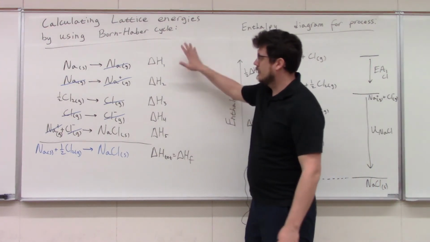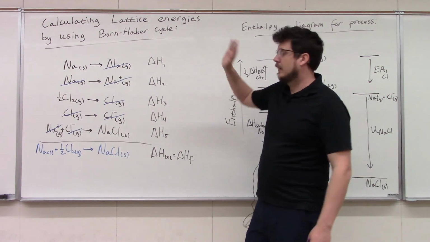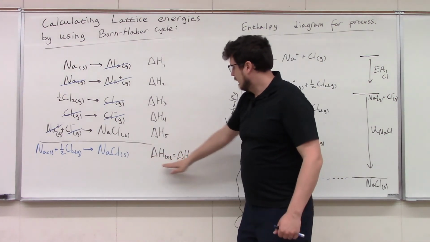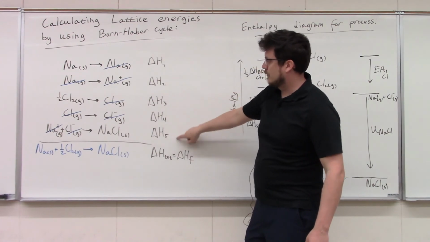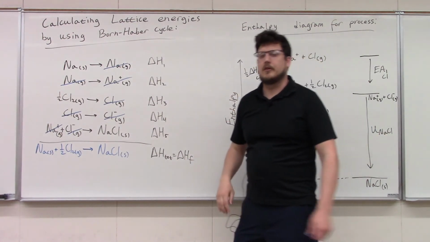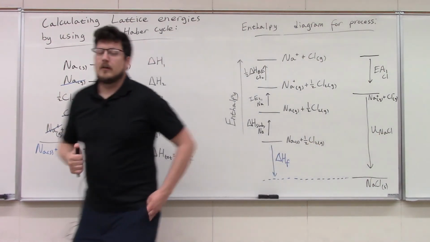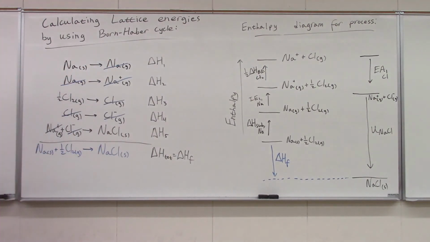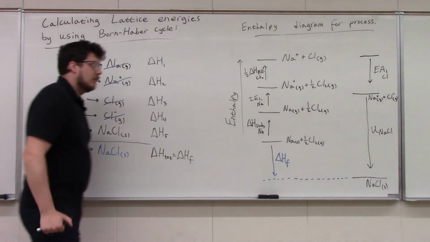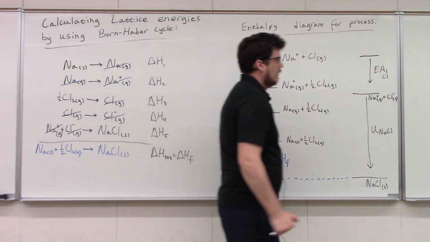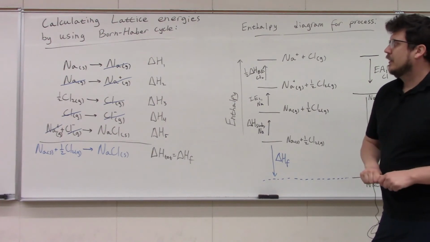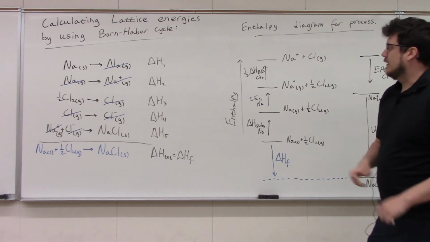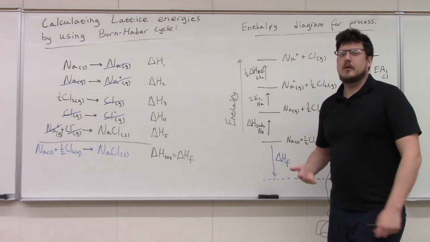And so if you can set this up like I did before, you figure out the missing piece, and so this is also equal to delta H1 plus 2 plus 3 plus 4 plus 5, and you just solve for the one you don't know. All right, and so this is very mathematically intensive, but if you're comfortable with Hess's law from 221, or even just vaguely remember it, you've done the work, and so then it's just a matter of IDing what constants I need to look up to solve this problem.